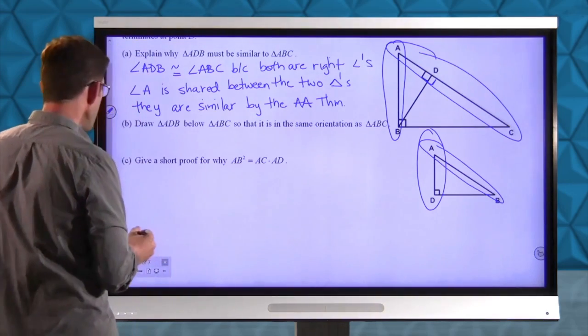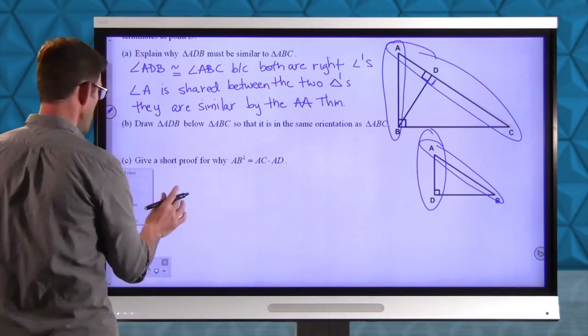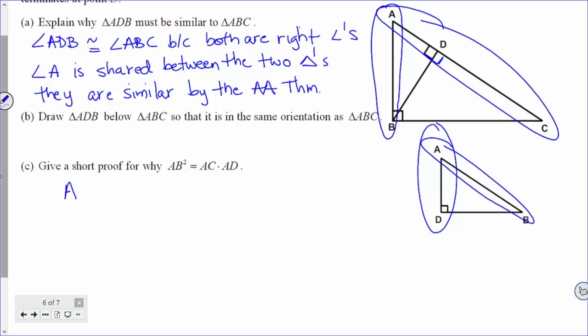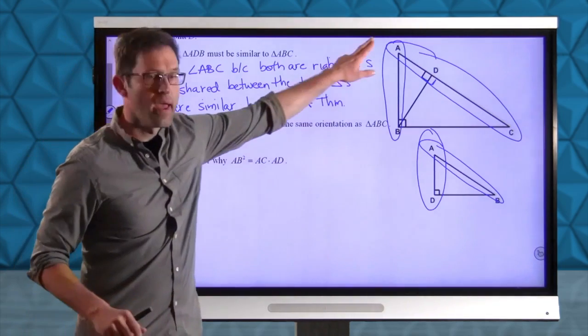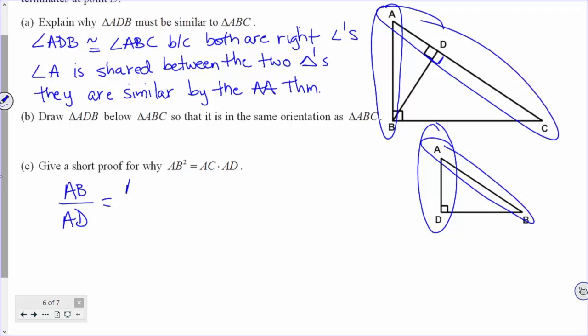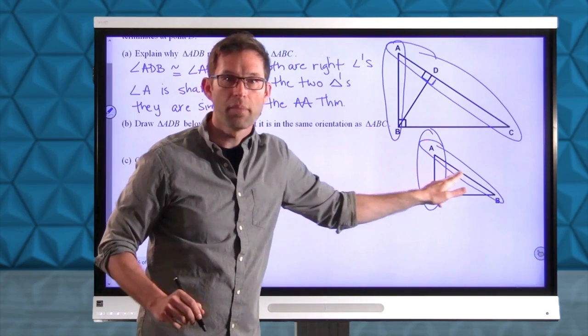And what I can say, many different versions, is I can say that AB divided by AD is equal to AC divided by AB.